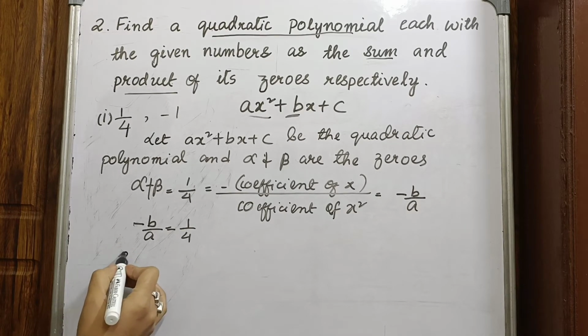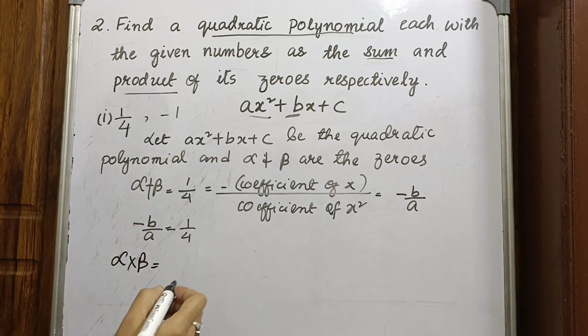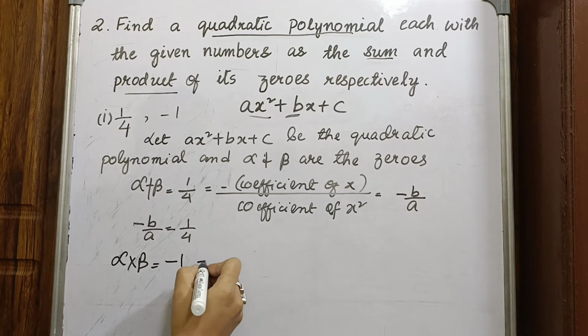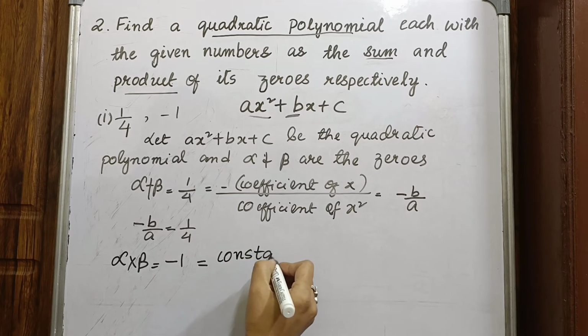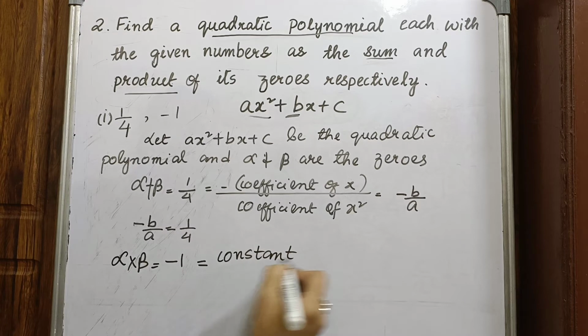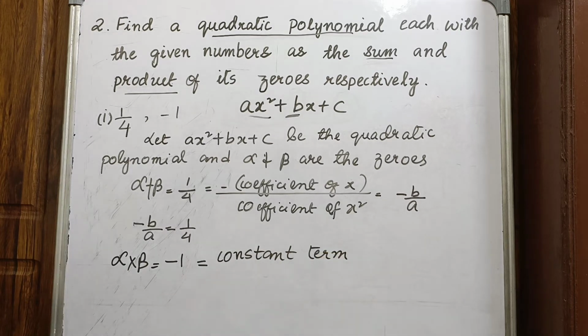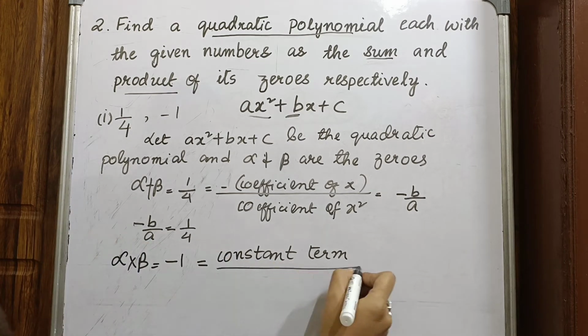Now product of zeros. What is the product of zeros given here? It is minus 1. So what is the product of zeros? Constant term by the coefficient of x square.